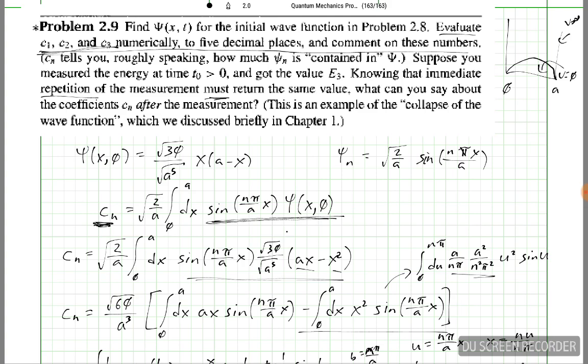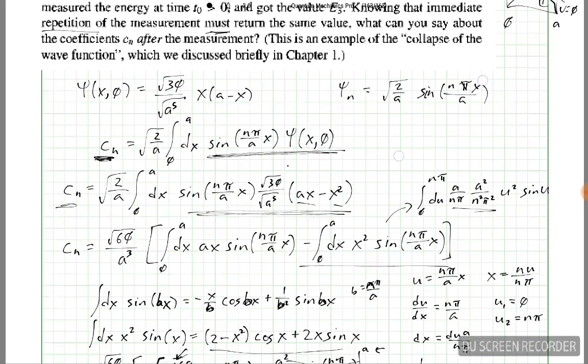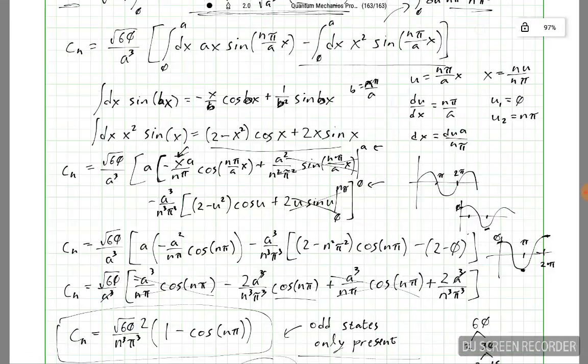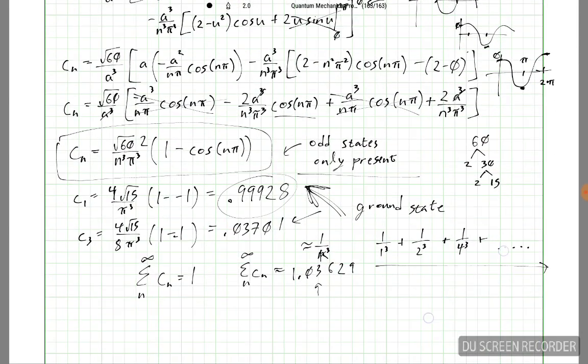This is how I got those numbers, was using this wave function. Once I have collapsed the wave function, the wave function is no longer representing my particle, so this is no longer really representing my probability, which is kind of fun, I think.